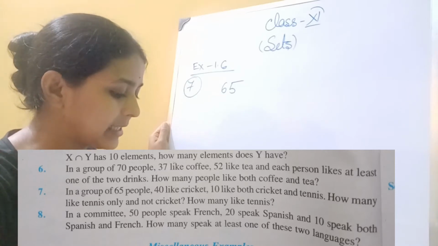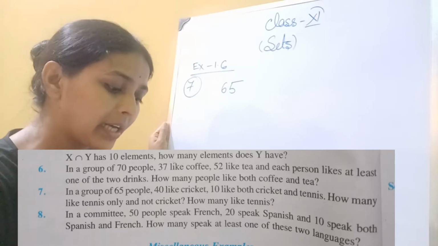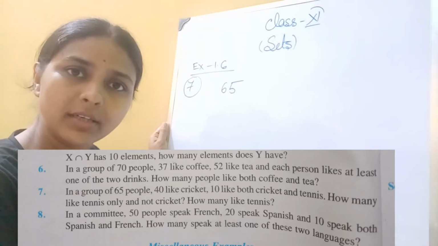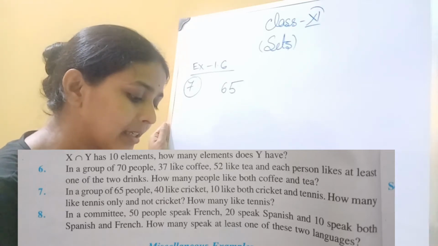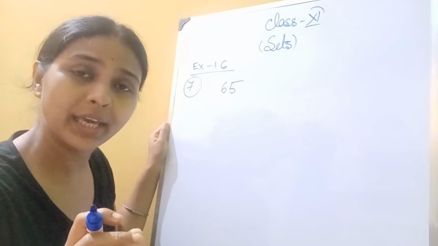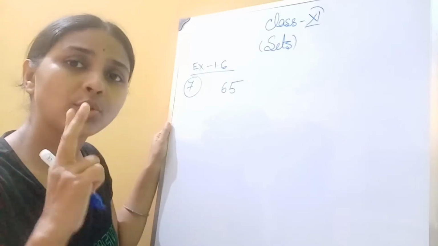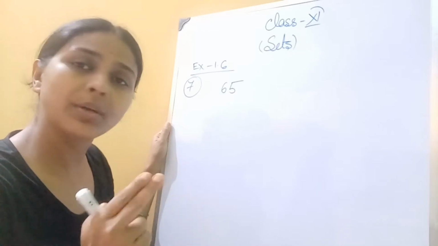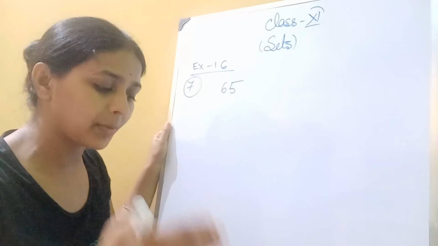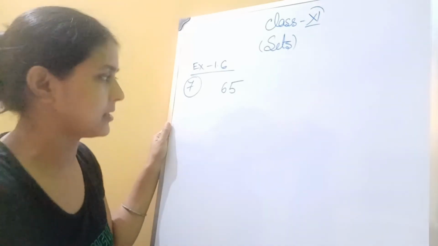How many like tennis only and not cricket? The first one we are thinking about: how many like tennis only, not cricket? Okay, that means I am using two sets to represent the persons who like cricket and who like tennis.